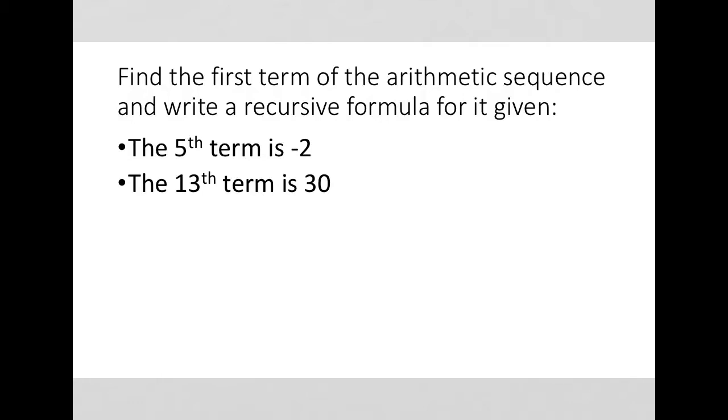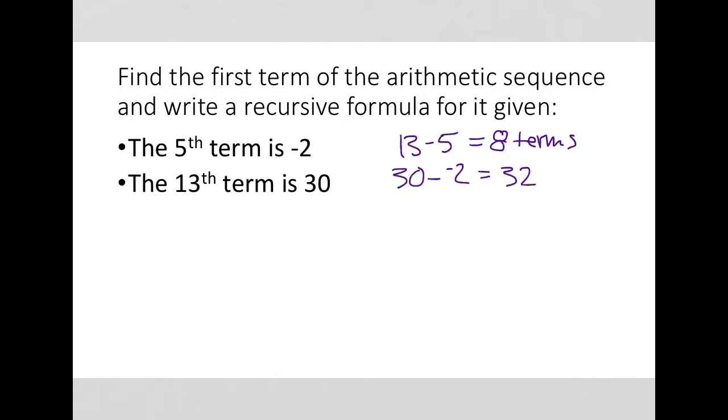So let's do the same exact thing. We want to find the first term and we want to write a recursive formula. So we can determine that from the 5th to the 13th term, we have gone 8 terms. And we can determine that in those 8 terms, we have covered a distance of 30 minus negative 2, which is 32.